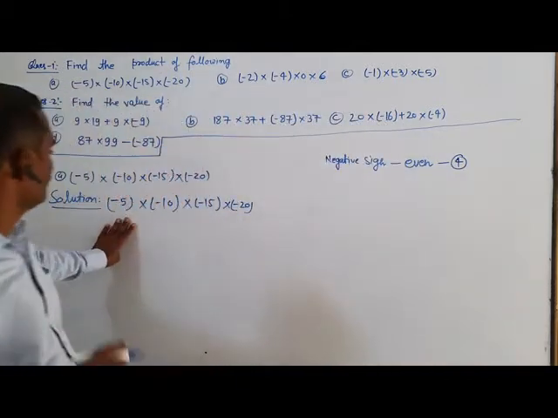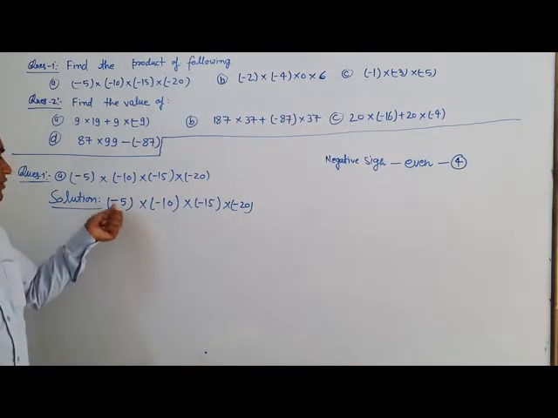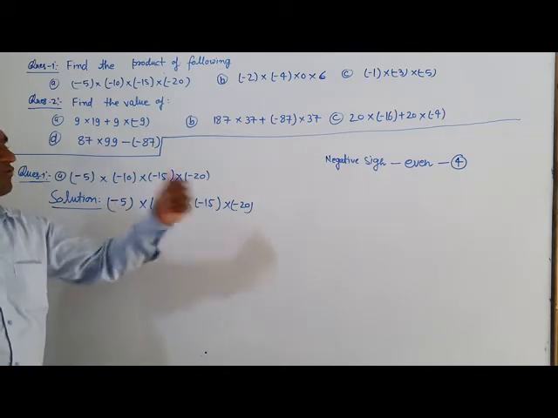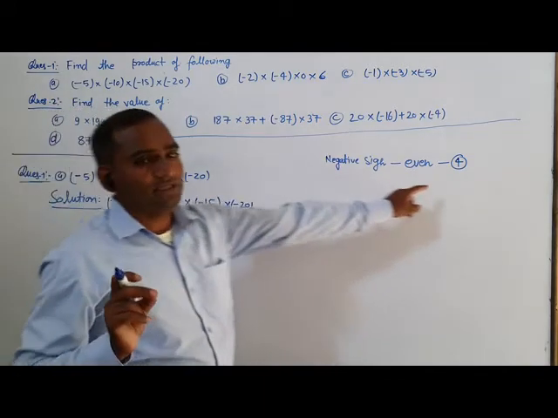यहाँ हम देखते हैं कि जो निगेटिव साइन है माइनस साइन में कितना है 1 2 3 4. 4 means even.